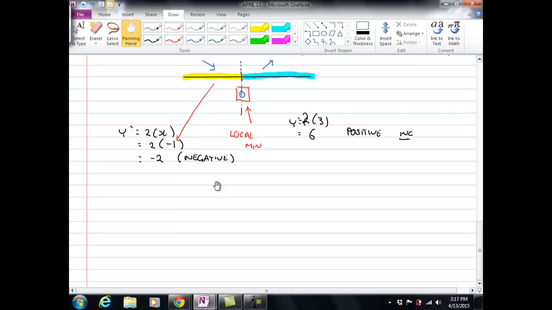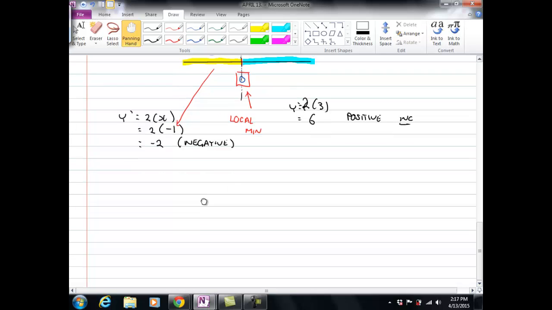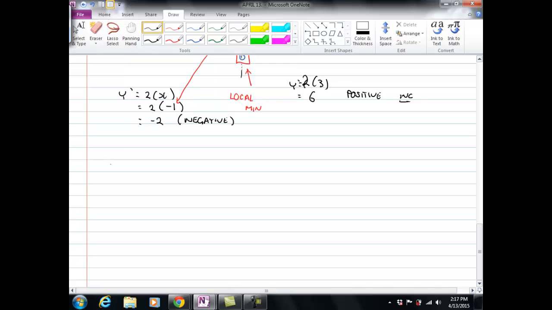Try this question. g of x equals x plus 2 sine x. I'm going to ask you in 2 parts. A, find regions of increase/decrease.